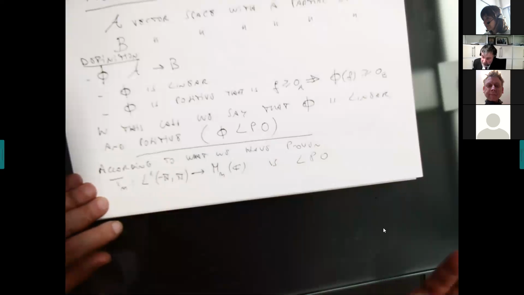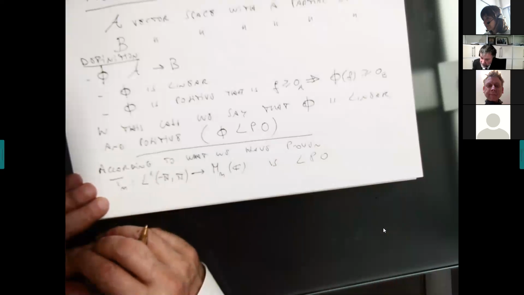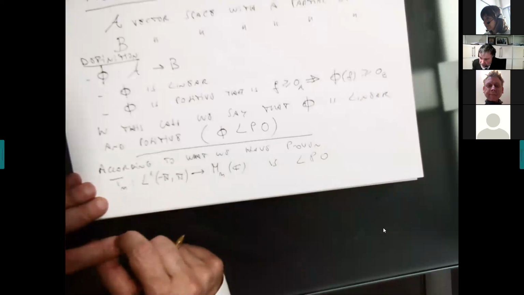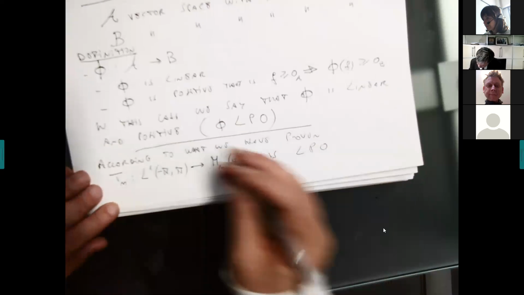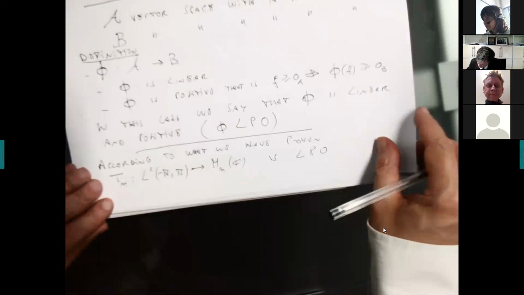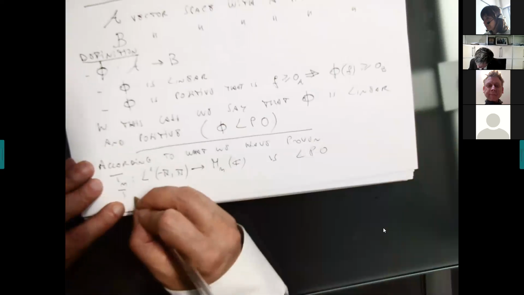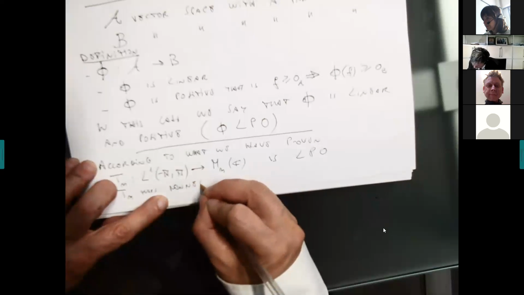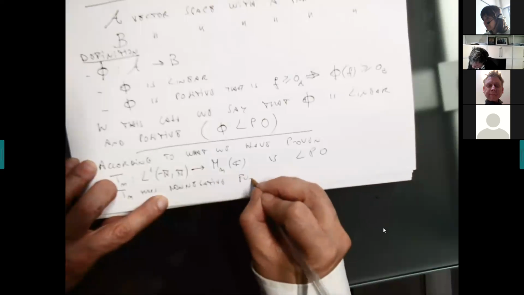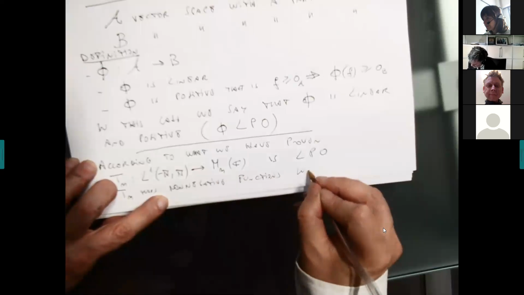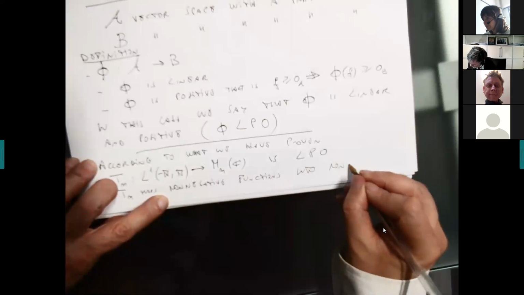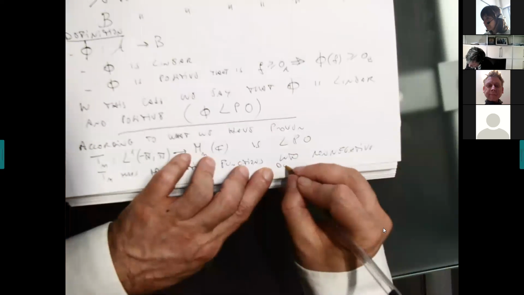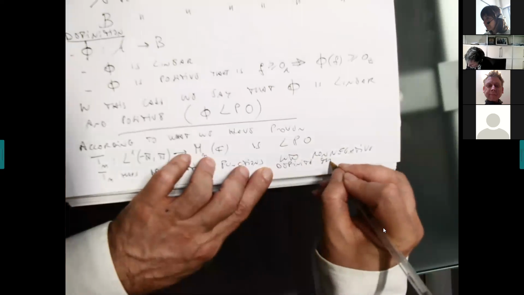So there is an ordering in the space of Hermitian matrices, and I say that a matrix is larger than the 0 matrix if it is non-negative definite. Okay? So Tn maps non-negative functions into non-negative definite matrices.